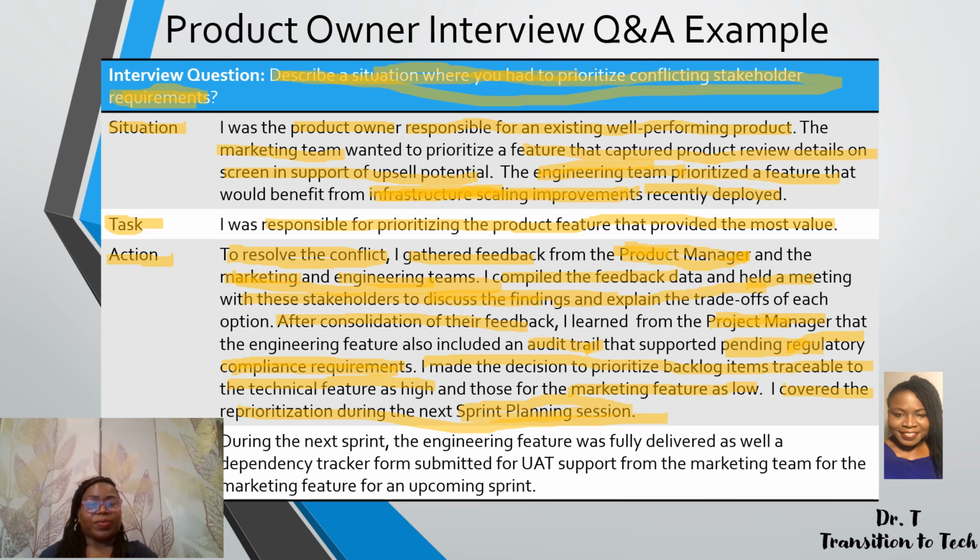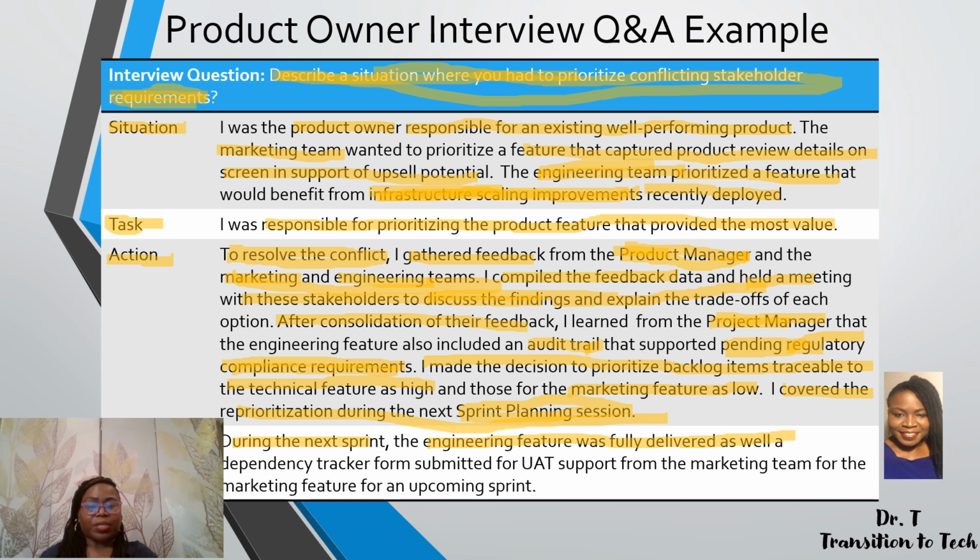Lastly, you give your interviewer the outcome of the situation, the task, and the action. That's your results. So you talk about the fact that during the next sprint, because you gave that reprioritization based on the data-driven decision that you made, the engineering feature was fully delivered during that increment.